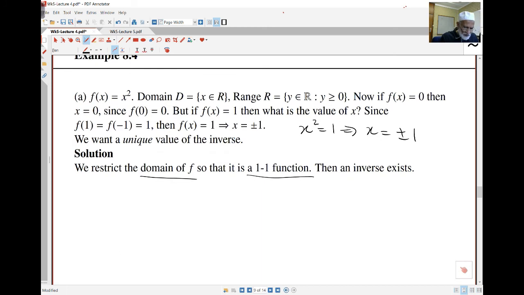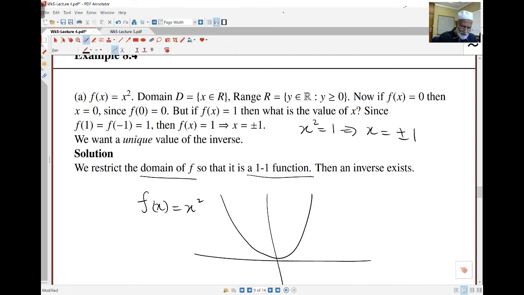In other words, if I take a look at the same function, f(x) equals x squared, at the moment it looks like this. I get the value for 1 and the value for negative 1 to be the same.